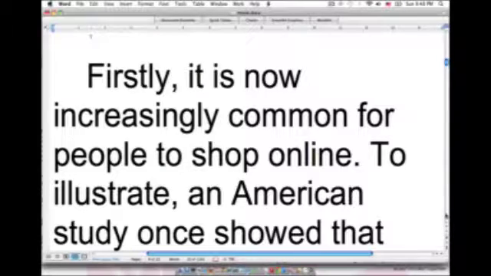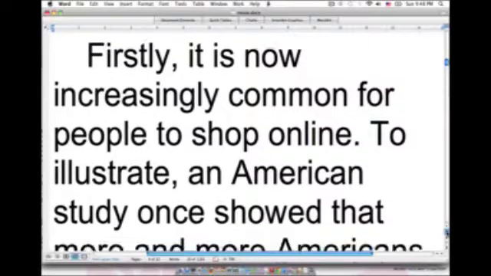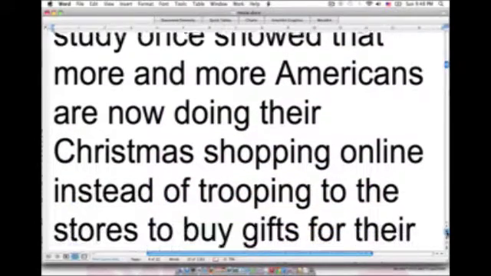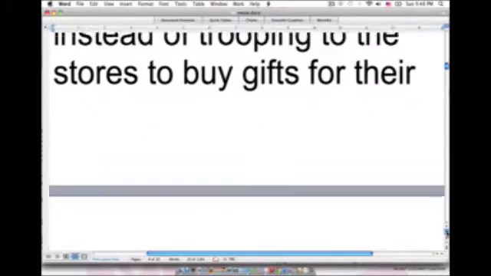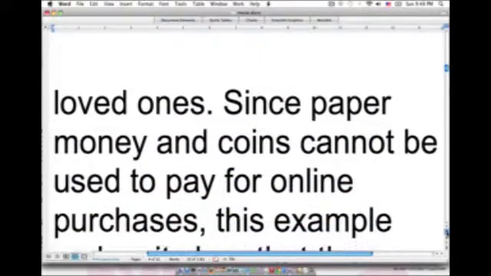Firstly, it is now increasingly common for people to shop online. To illustrate, an American study once showed that more and more Americans are now doing their Christmas shopping online instead of trooping to the stores to buy gifts for their loved ones.